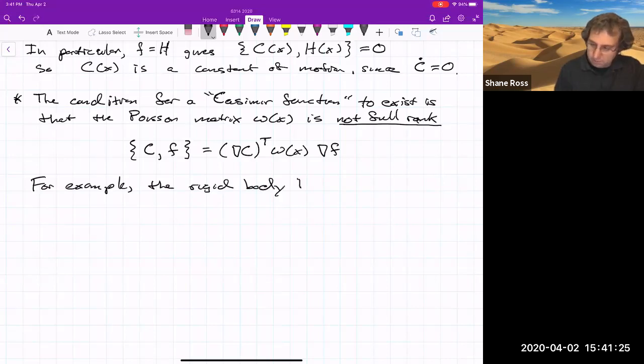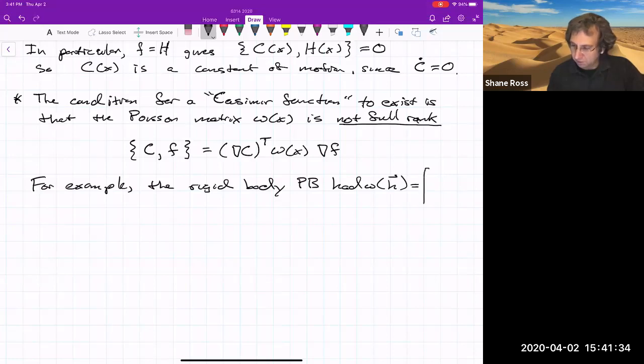So the rigid body Poisson bracket had our Poisson matrix, which was a function of the phase space, the three-dimensional space of angular momentum.